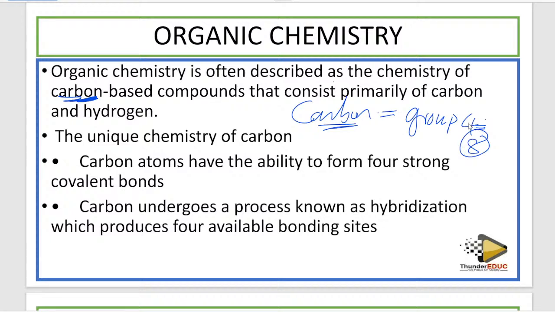But because it is found in group 4, it is remaining with 4 electrons to become 8, to be stable. Because of that, it has unique characteristics which I'm going to share with you, and that is going to make us understand the concept of organic chemistry.